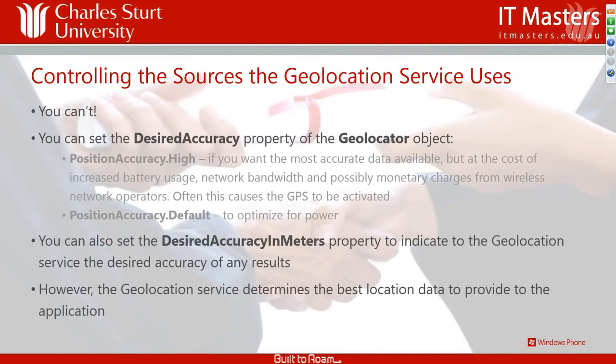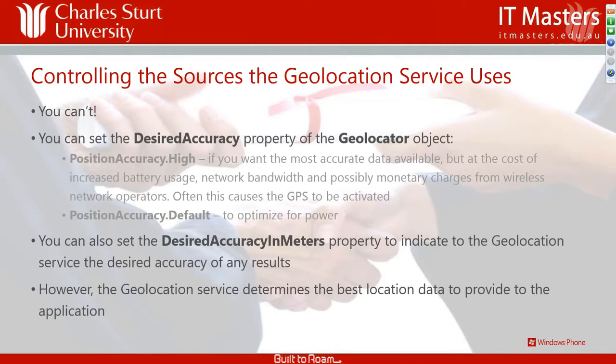The slightly longer answer is, depending on the level of accuracy that you want, you can tweak what they call the position accuracy, and you can flip it between either high or default. And the reality is that in most cases, if you request high accuracy, this will probably trigger the GPS to be activated, whereas if you use the default option, then it's going to be optimized for power consumption and the availability of data.